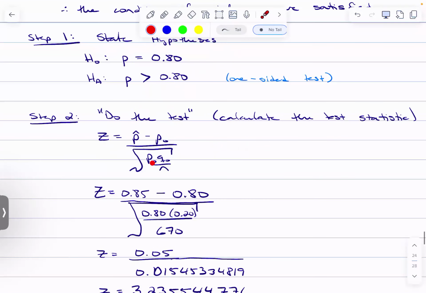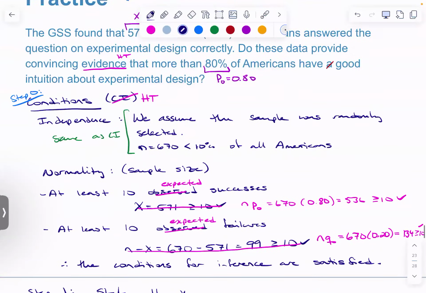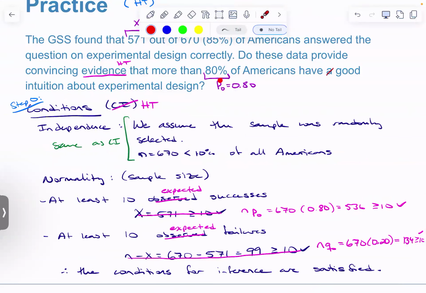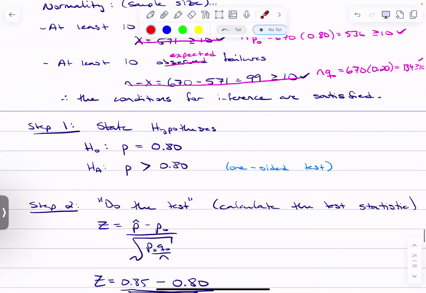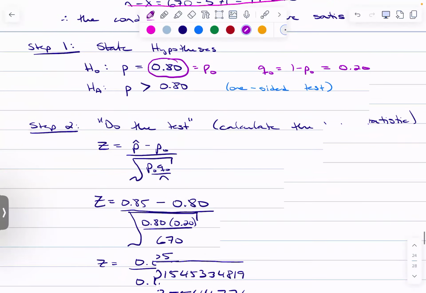Okay, so this is my P naught. And my P naught is going to be the thing I want to compare my sample proportion to. And on your formula sheet, it just says generically P is equal to P naught. And then you got the 20 from the 1 minus 0.2. Q naught is 1 minus P naught, which is 0.2. You got it.